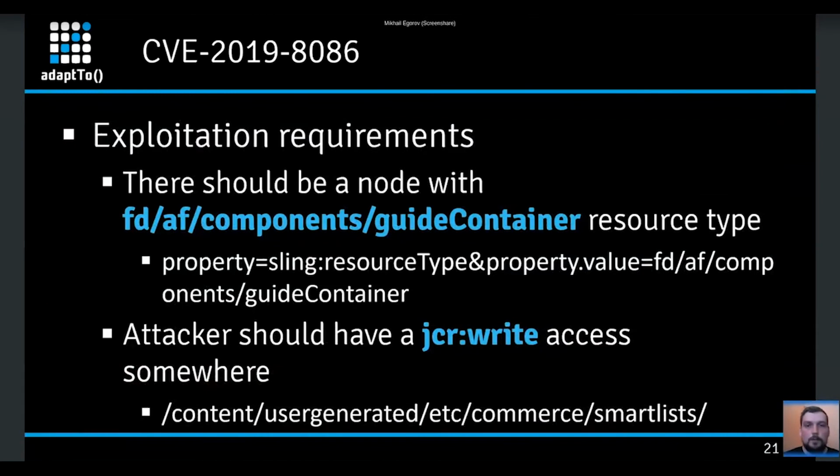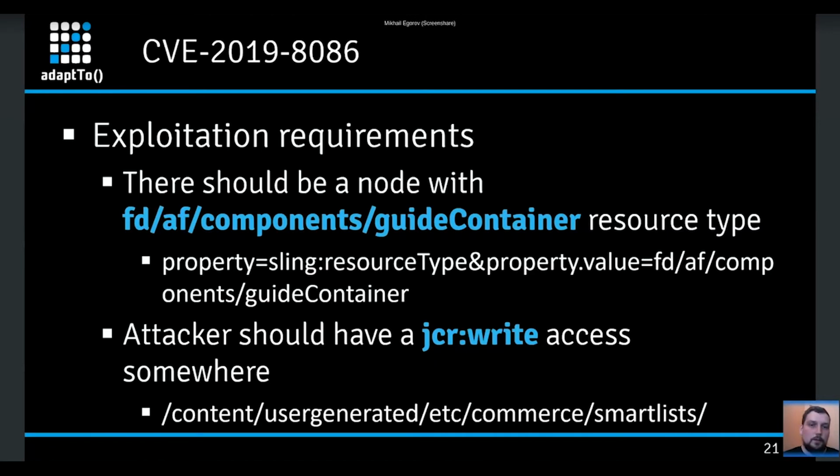What about the existence of a GCR node with the proper resource type? Luckily, demo content that's included in We.Retail or Geometrixx packages contains nodes of the desired type. If an attacker has access to the Query Builder servlet, he can find the desired nodes using property and property value predicates, as shown on the slide.